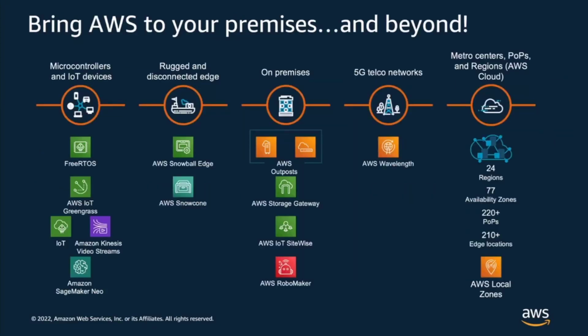And I wanted to zoom out a little bit just to make sure. If I zoom out of Outposts for a minute, both rack and servers are right dead center of your screen. Rack and server form factors are part of a range of AWS options for different needs, really. We've got everything from far edge microcontrollers and IoT devices to rugged disconnected locations with the Snowball family that I mentioned earlier, to the on-premises that we've been mostly focused on here today, where Outpost is a great solution, and all the way to 5G telco services with Wavelength.